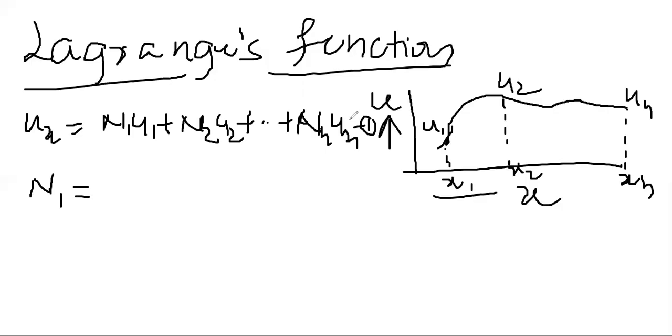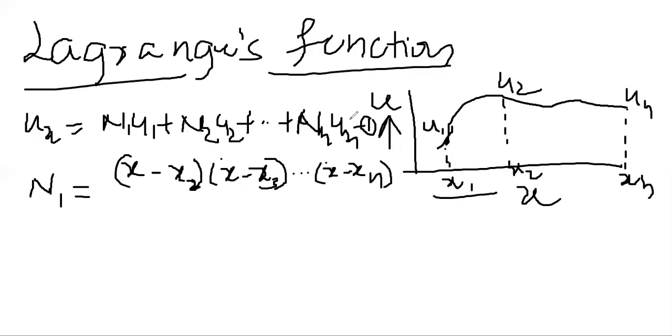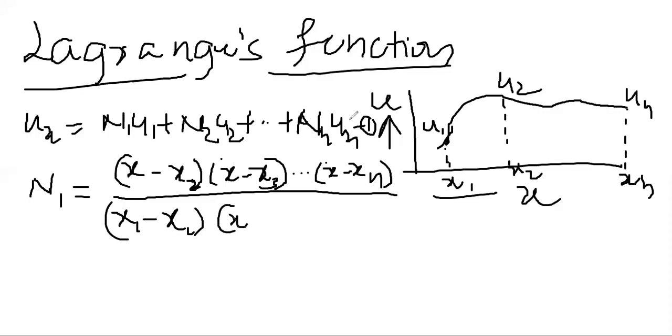N1 is equal to x minus x2 into x minus x3, so on, x minus xn, divided by x1 minus x2, because 1 is the constant, x1 minus x3, so on, x1 minus xn. This is shape function 1.